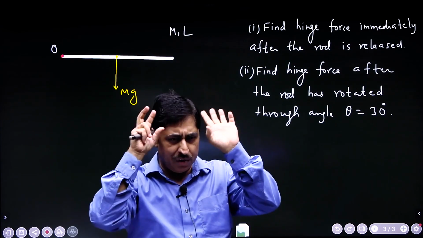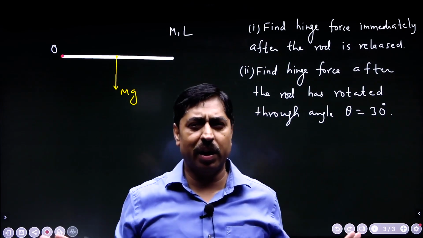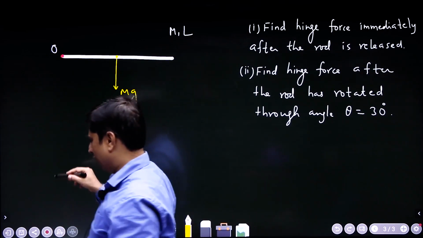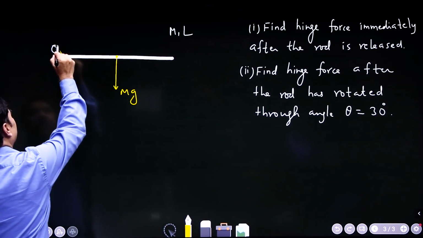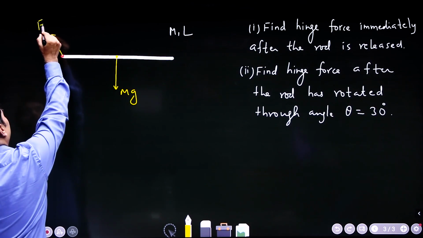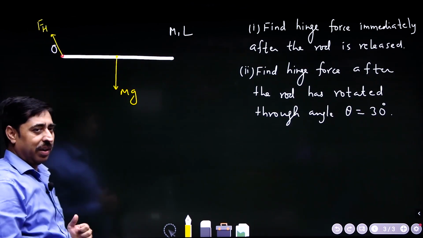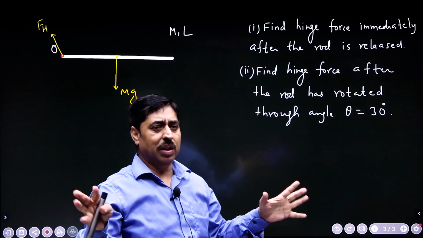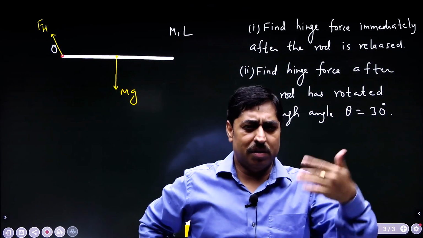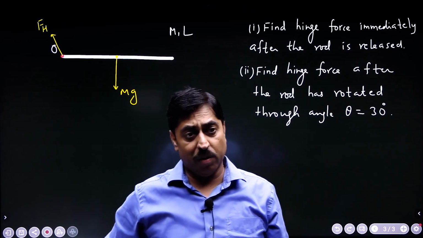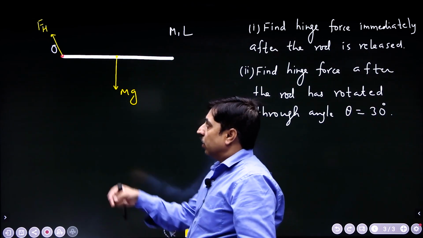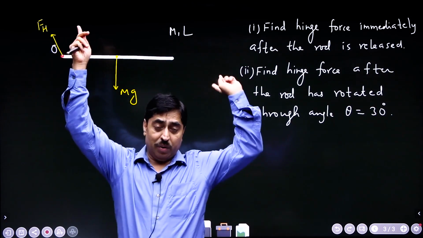I do not know the direction right now, I do not know its magnitude, I am just showing it like this, just for reference, that this is the hinge force. I may be wrong, let us discover it, but let us assume that there is some force applied by the hinge in some unknown direction which I do not know right now. This force is not known to me, this is what I have to calculate.